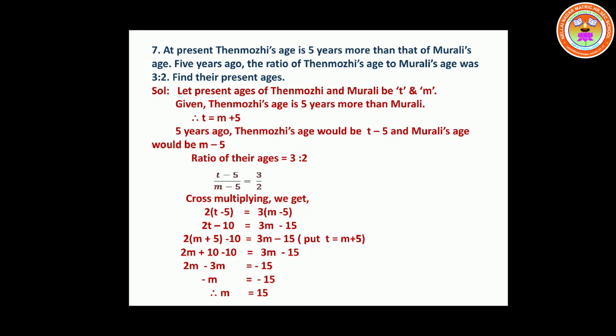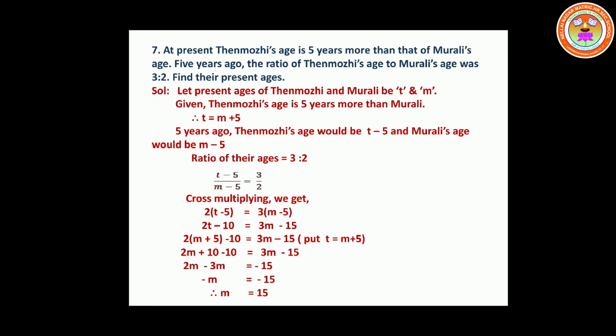And what is given? The ratio of the ages will be 3:2. So what I am going to do is, 5 years ago the ratios were like this. So the age and the ratio we are going to equate. So age is T minus 5, that is of Tainmuri, by M minus 5, that is of Murali, are in the ratio 3/2.